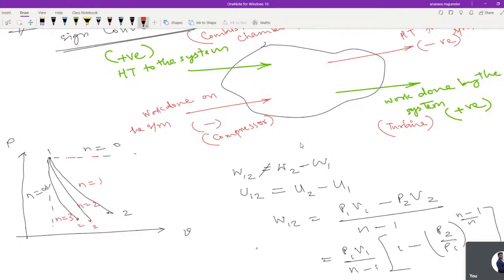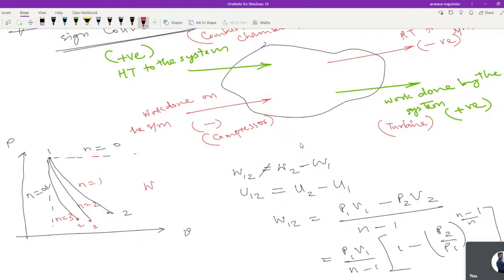Now just see when n is 0. Just take this example. If you take n equals 0, what will be the value of the work done? Obviously it is going to be 0.